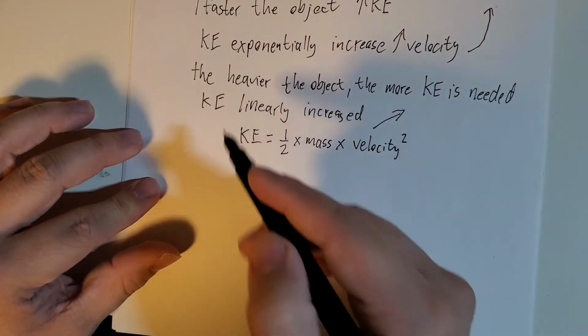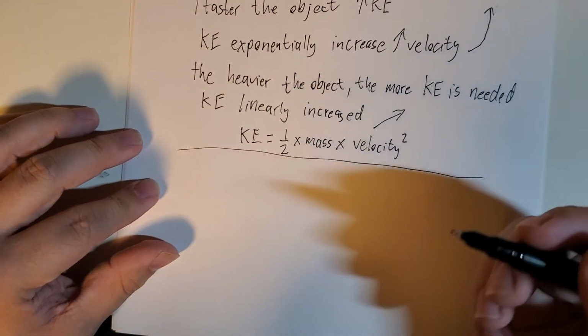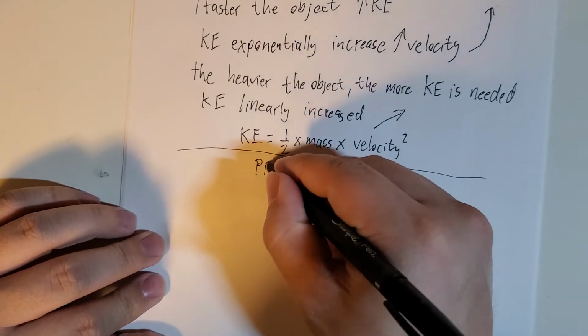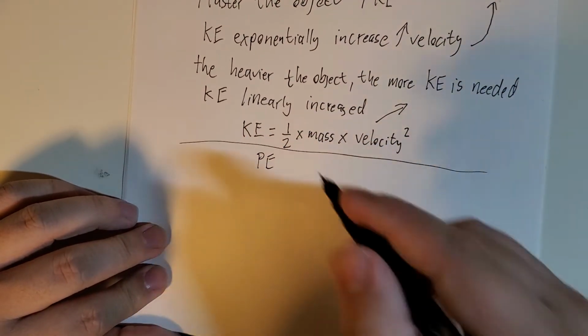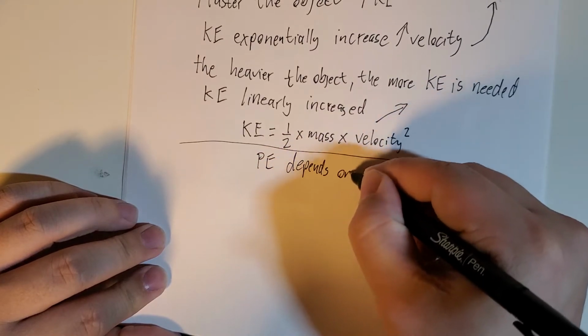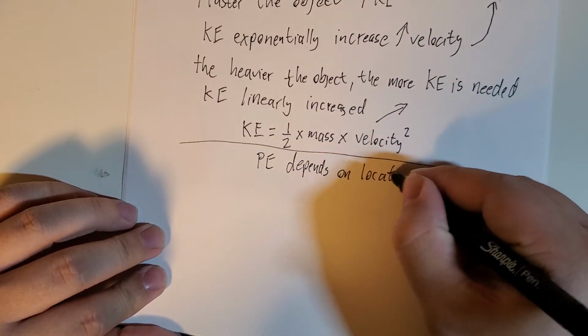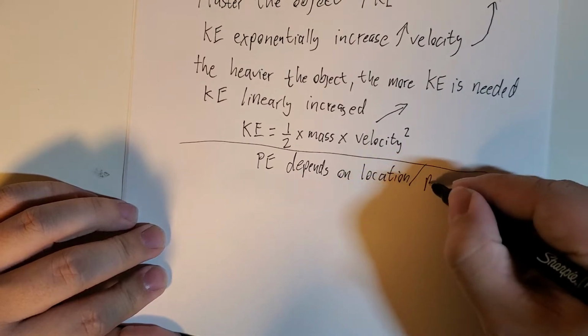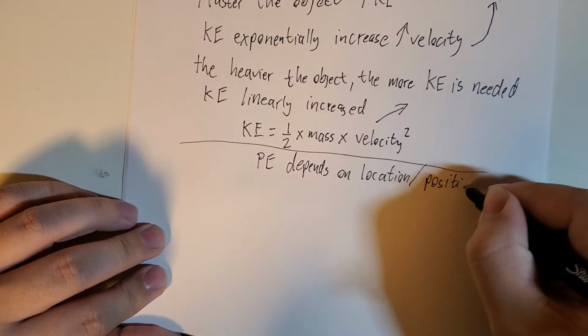Then we have potential energy, and we're just going to use PE for that one. Potential energy depends on the location or position of the object.